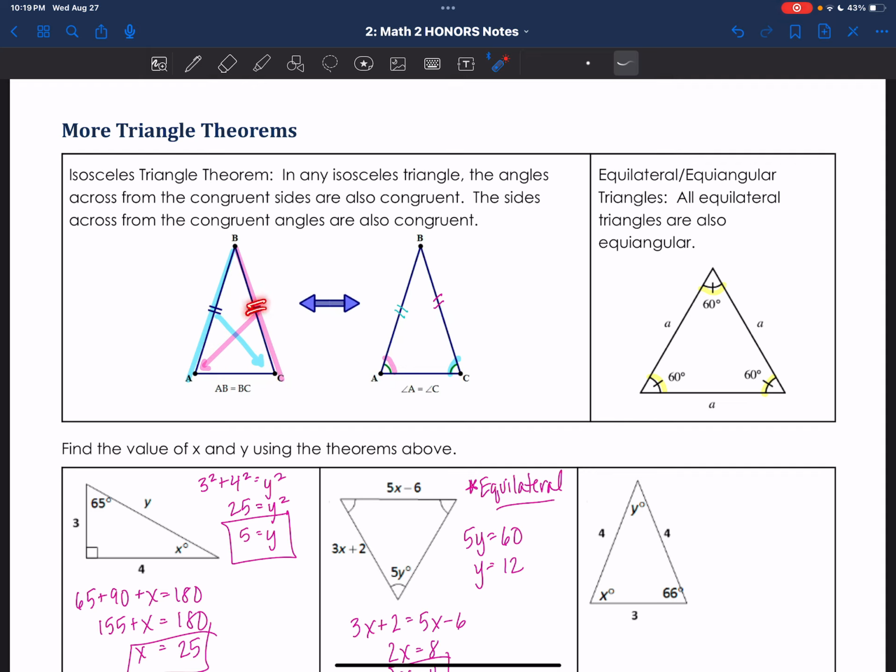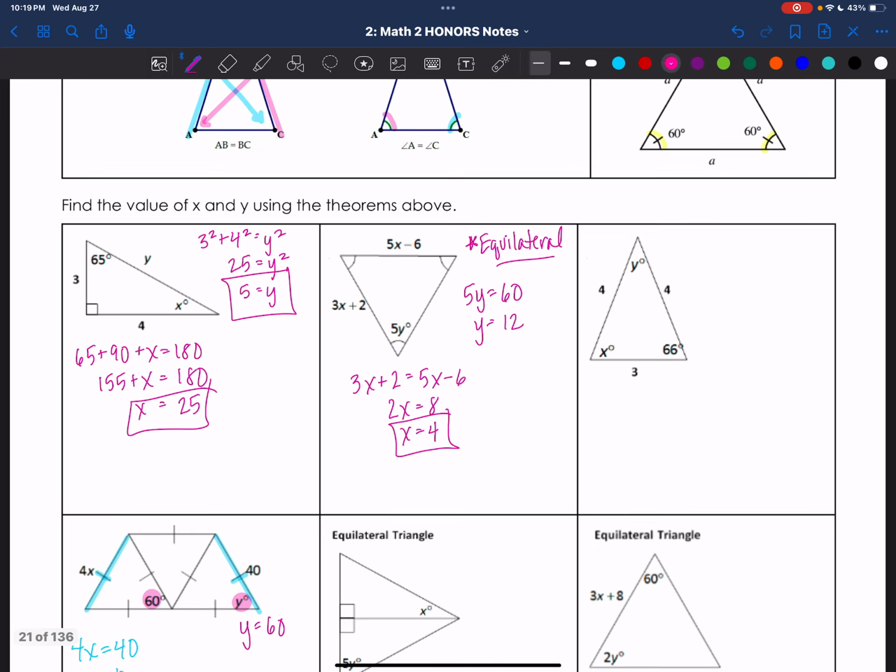Since these sides are equal, that means your angles are also going to be equal. Because if this is the same, then that's the same. All right, equilateral. All your angles are going to be 60, because if you take 180 divided by 3, you get 60 degrees.